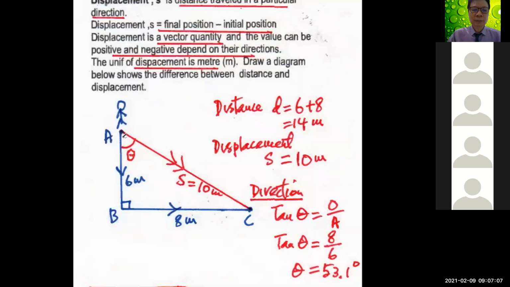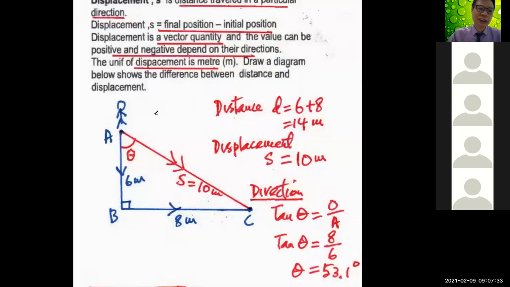To indicate the direction, we have to take the angle at the starting point, only at the starting point, not at any other point. So use tangent to calculate this angle. Tangent is opposite 8 divided by adjacent 6. Using a calculator, you get 53.1 degrees. This angle indicates the direction.